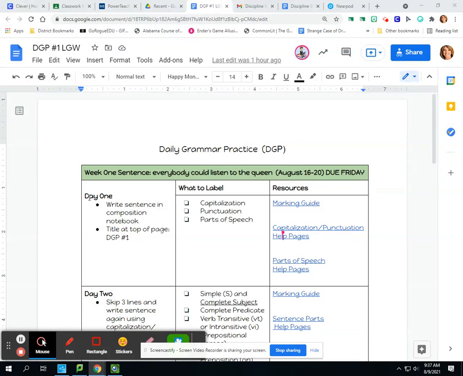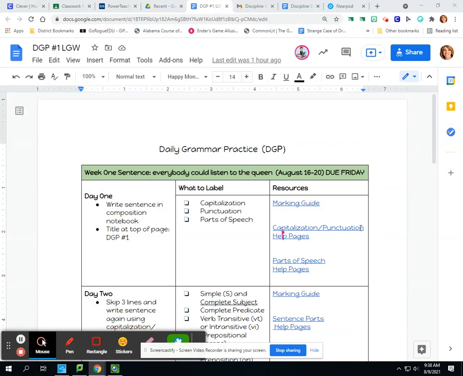Notice under day 1, which is what we're going to be doing today, it gives you the instructions for what you do. Notice the next column says what to label for day 1. And then the third column tells you the resources that you can use. The marking guide offers you codes for how to abbreviate certain grammar terms.